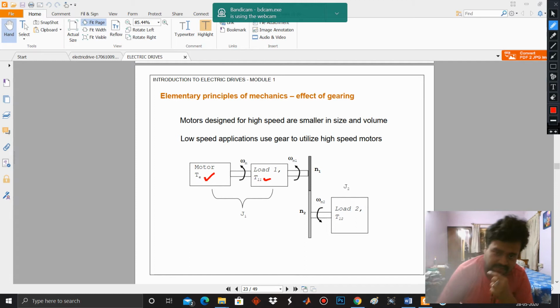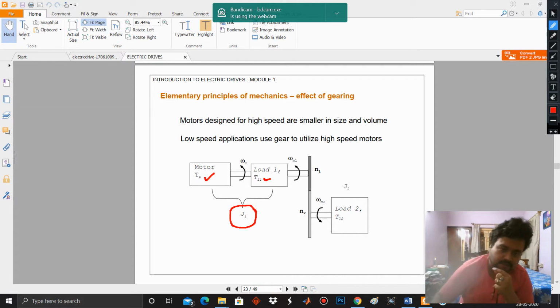So load 1 has a load torque of tau L1, and the total equivalent moment of inertia of the motor load system is J1.